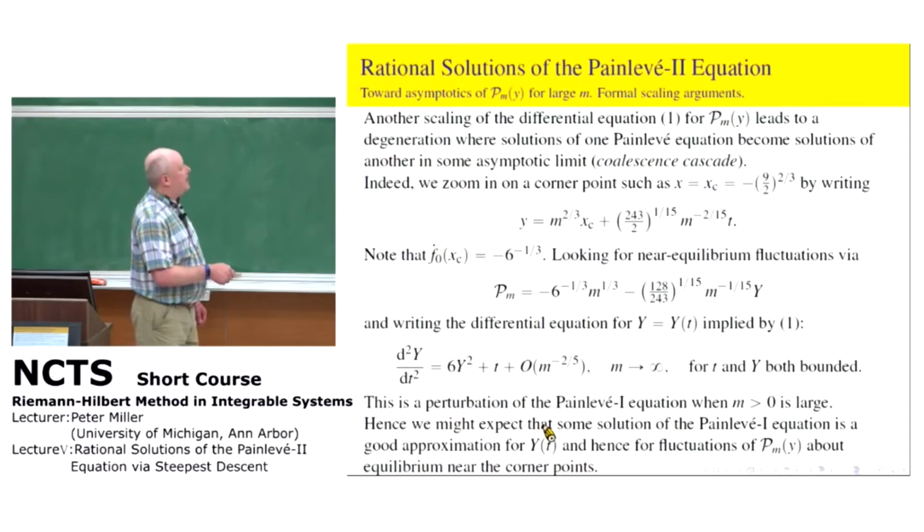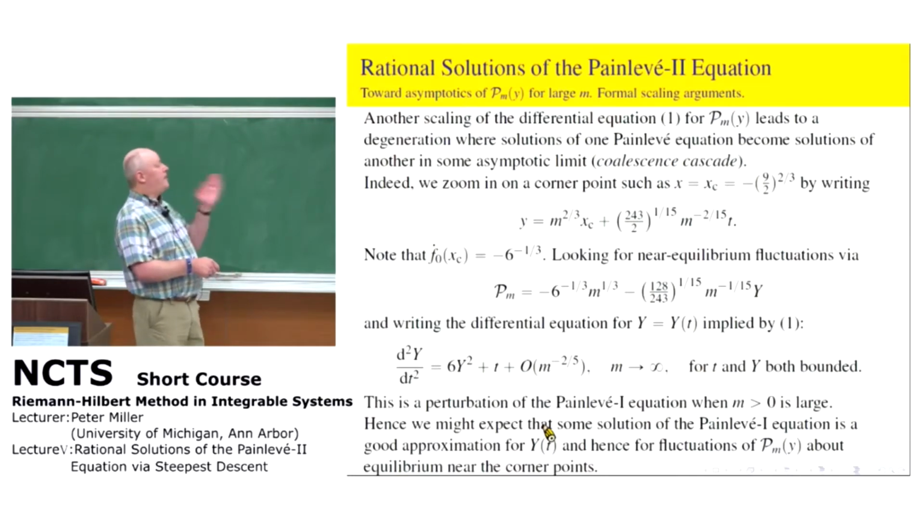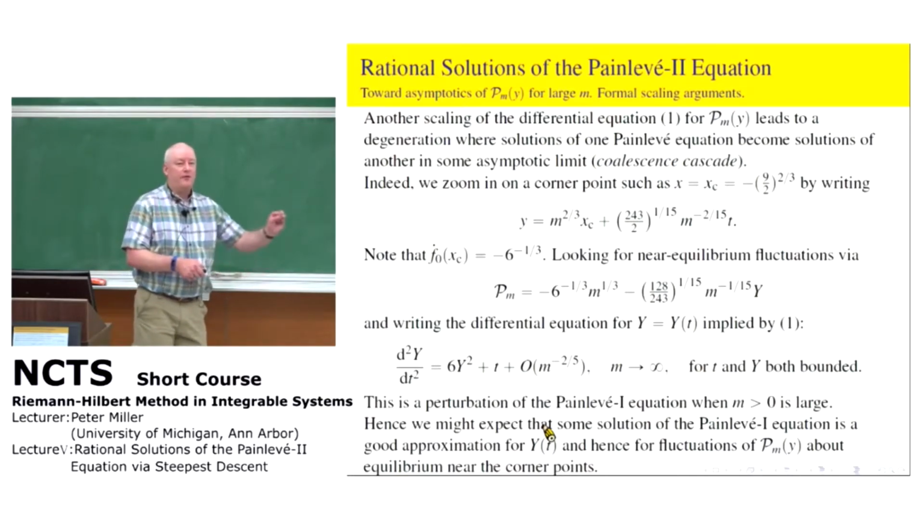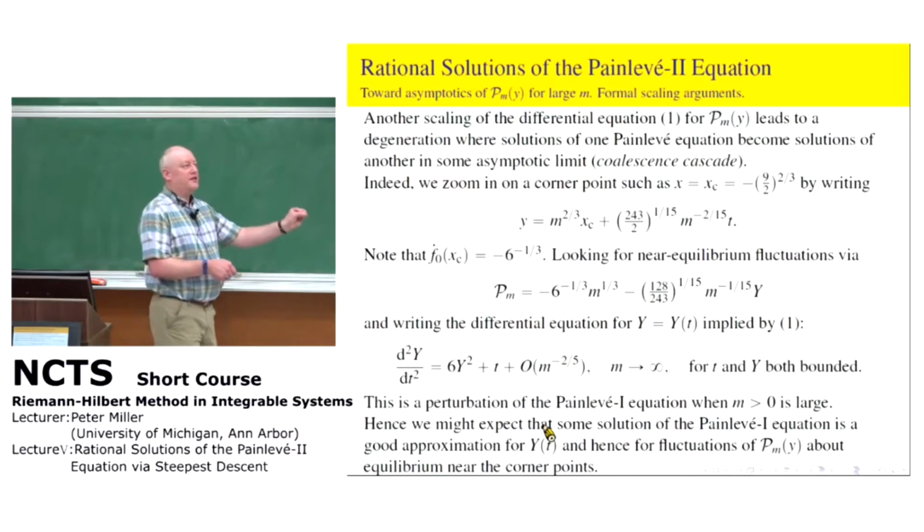Now there's again some term that has the m in it, but it's got a power m to the minus 2/5, and so that term we may think could be dropped in the limit m large, assuming that t and big Y are both bounded. And then you have these terms left over, and what those terms make up is the Pendulum 1 differential equation.